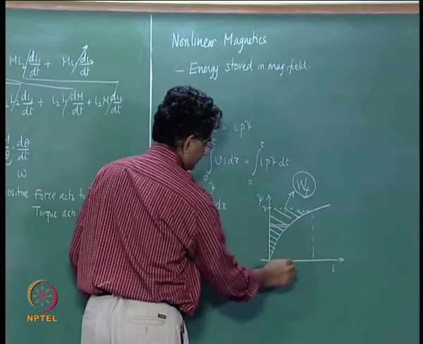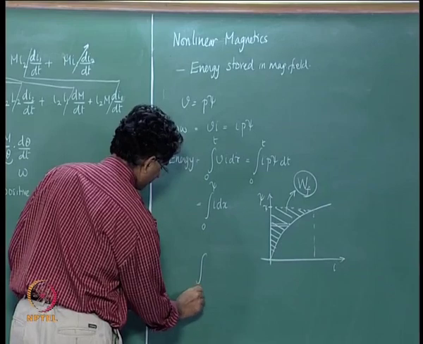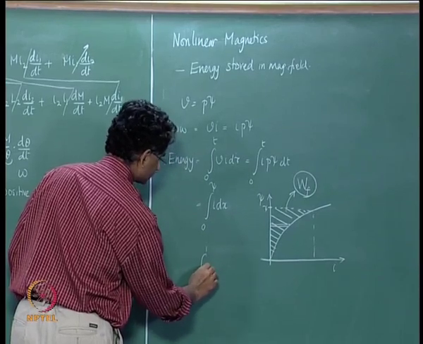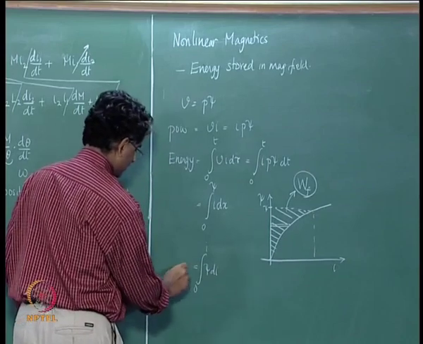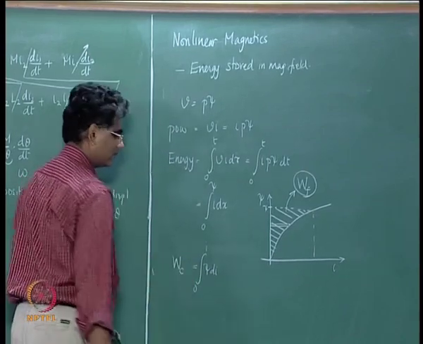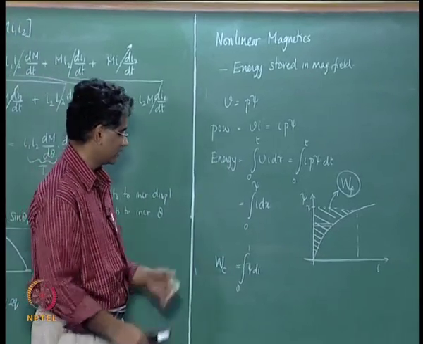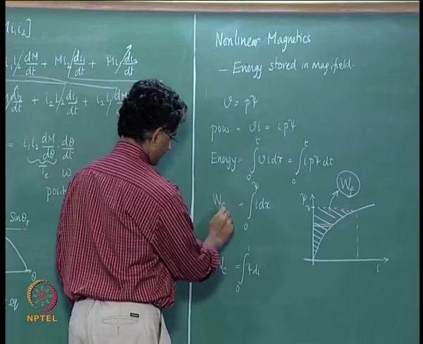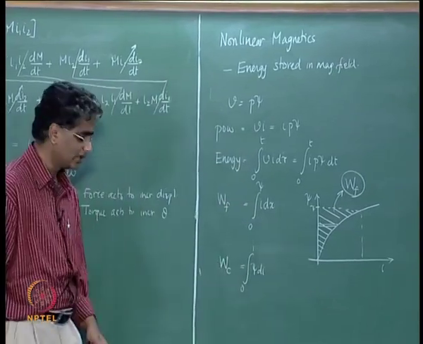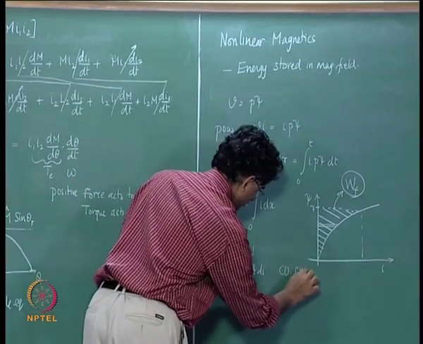Then this area, which can be represented as integral 0 to I psi di, is then given a name co-energy Wc, and we will see in the next lectures that the energy Wf and the co-energy Wc, this is called as co-energy.